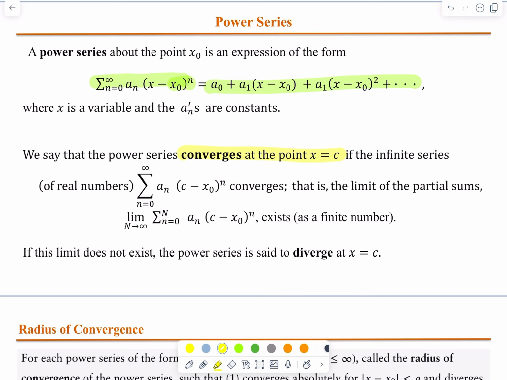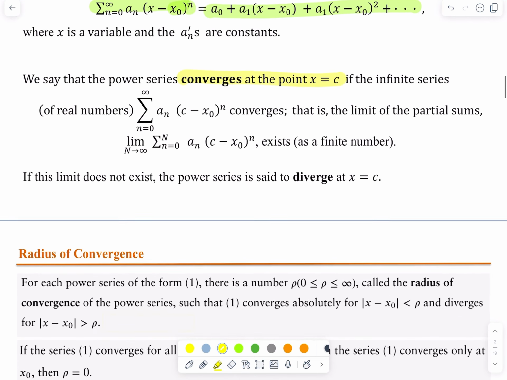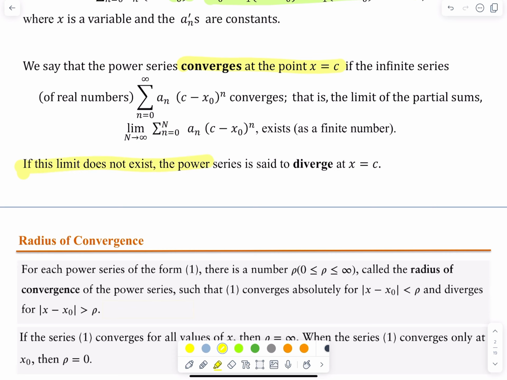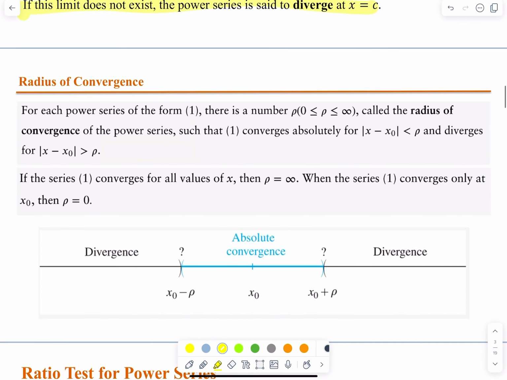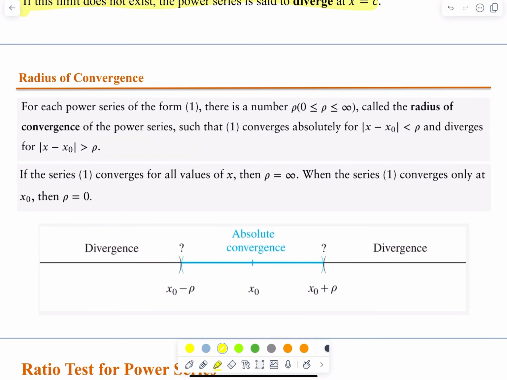Now, when we talk about a radius of convergence, for each power series of this form, there is a number rho between 0 and infinity, which can be equal to both of those.